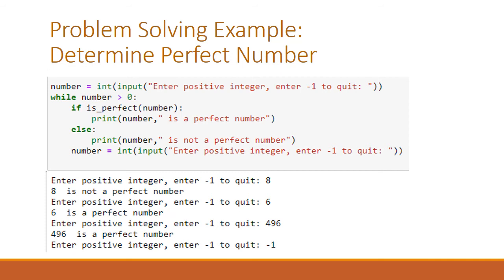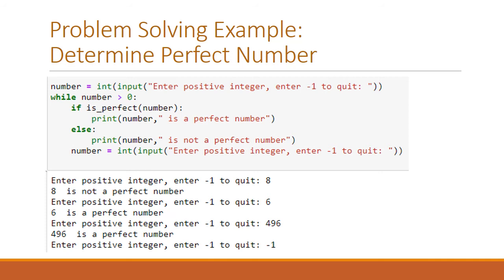And we know that isPerfect returns true or false. So if isPerfect(number) returns true, we're going to print that number and say that it is perfect. Otherwise, we're going to print the number and say it is not perfect. Then we're going to ask the user to enter another number. We're going to stay in that while loop until the user enters a negative number.